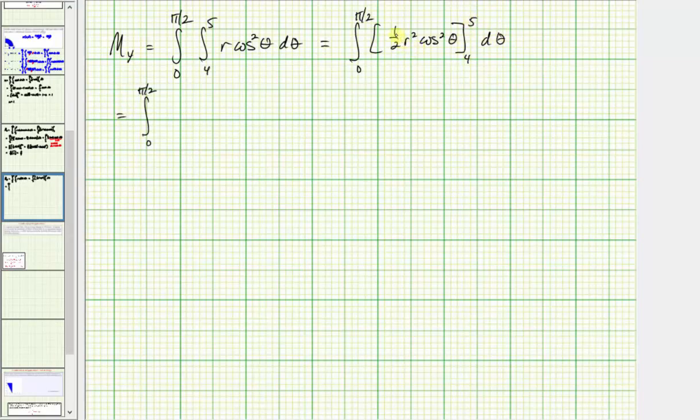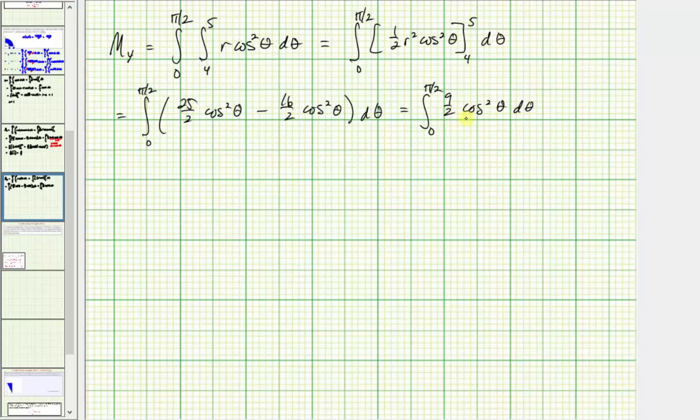So when r is equal to 5, we have 25 halves cosine squared theta, minus when r is 4, we have 16 halves cosine squared theta. 25 halves minus 16 halves is 9 halves. So we have the integral from 0 to pi divided by 2 of 9 halves cosine squared theta d theta.